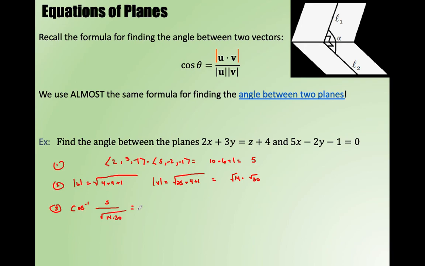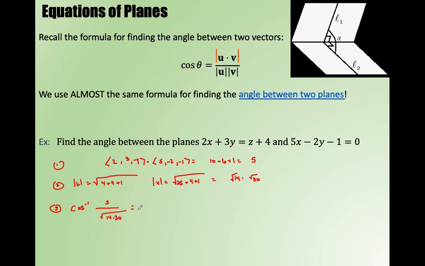And when I did this on my calculator, I got something, but I didn't write it down. And I'm looking for my calculator. Oh, here it is. So I'm in degree mode, and I'm doing inverse cosine of 5 divided by the square root of 14 times 30.